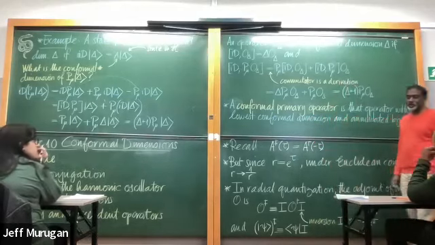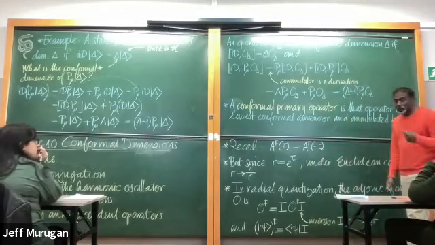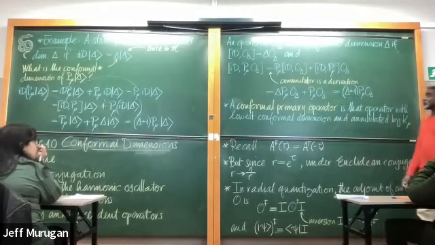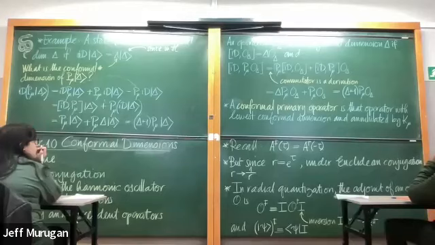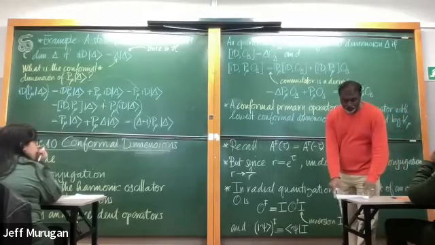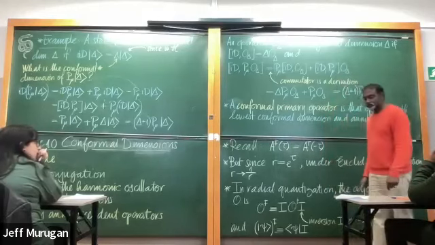And states that are obtained from the conformal primary by acting with P mu, the raising operator, so I find a state that has the lowest value of delta, and then I raise from there by acting with P mu, are all called descendant operators.